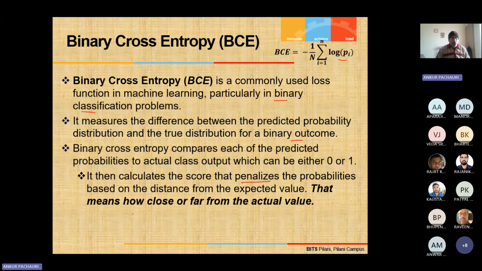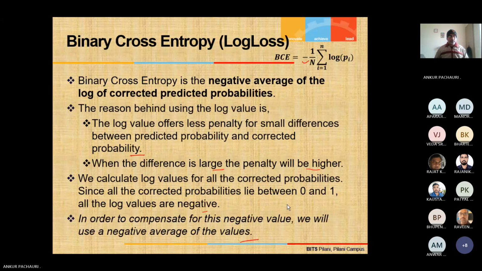That means how close or how far you are from the actual value. It is a negative average of the log of the corrected predicted probabilities.